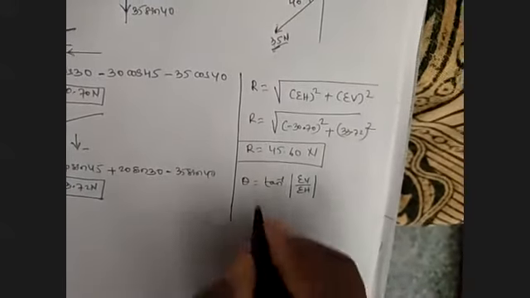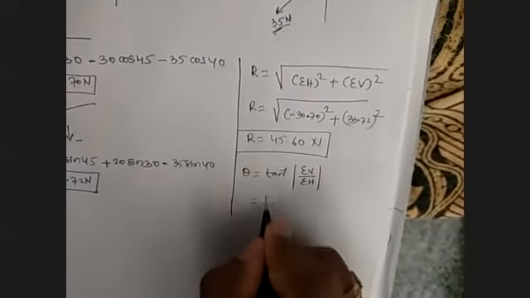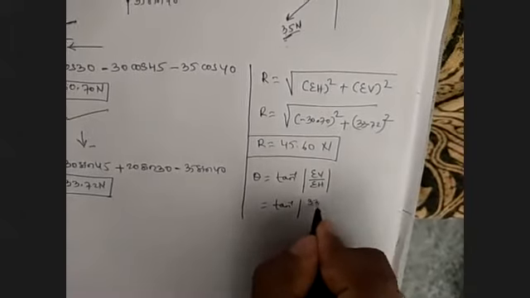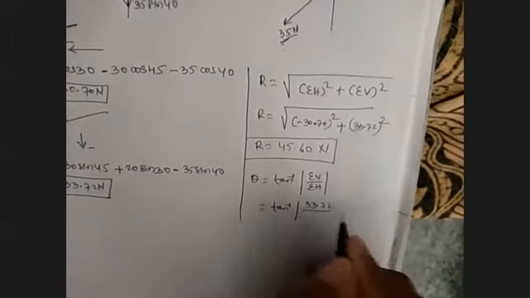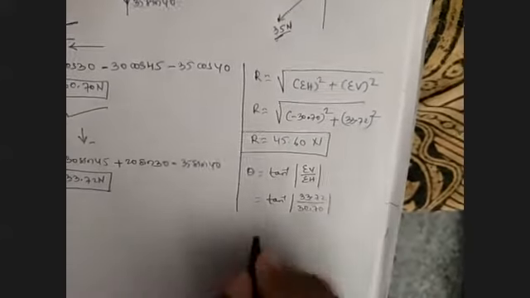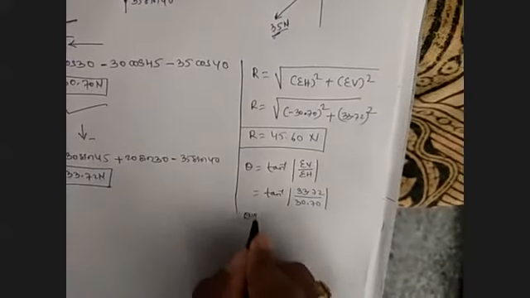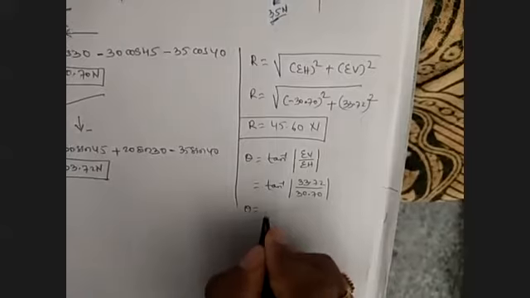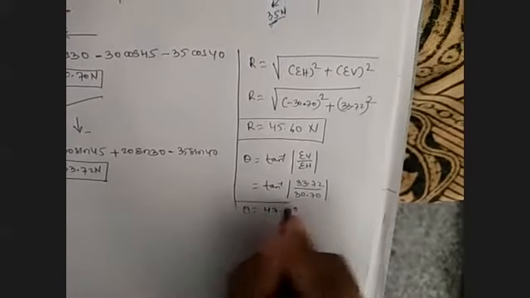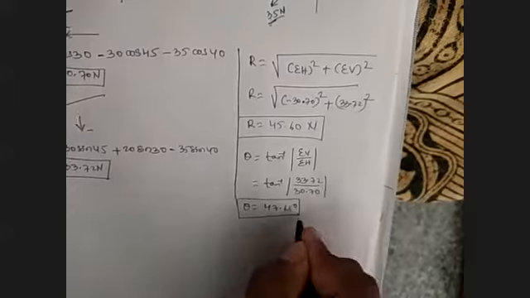Tan inverse of 33.72 by 30.70. Don't consider minus. As I told, we need to make use of magnitude, and theta works out to be 47.68 degree. This is how we resolve the forces.